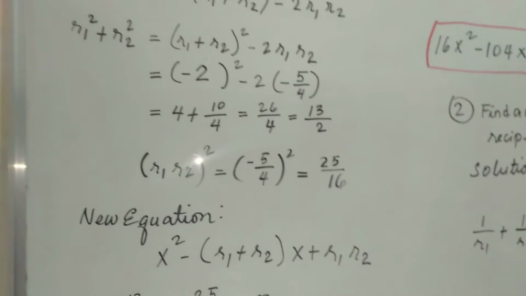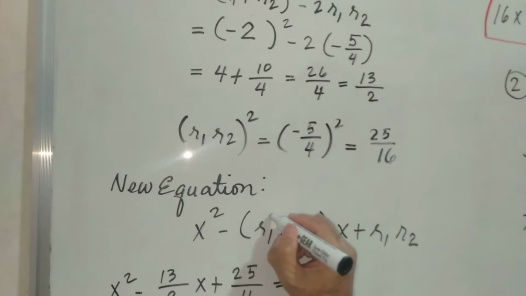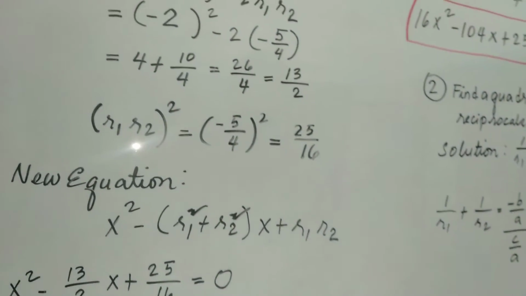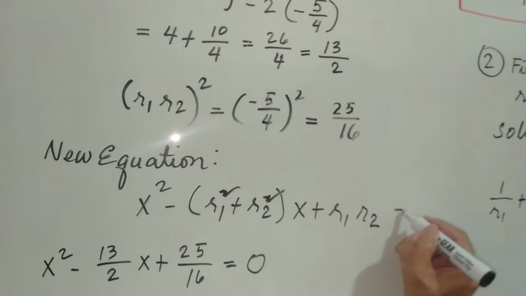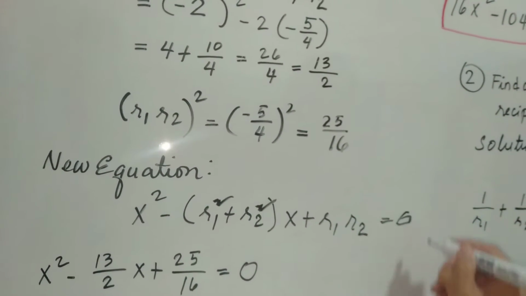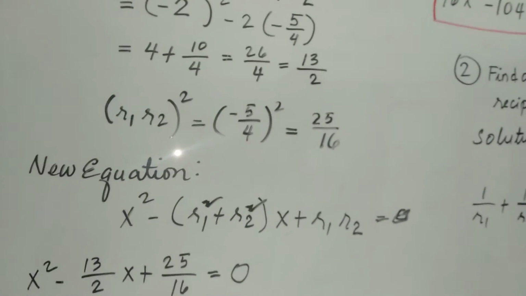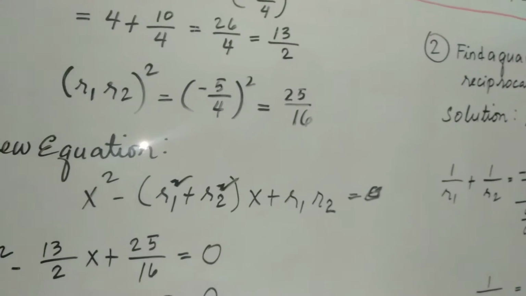Let's make some corrections here. So this one is squared, and also this one is squared, and this one is equal to 0. So we continue.